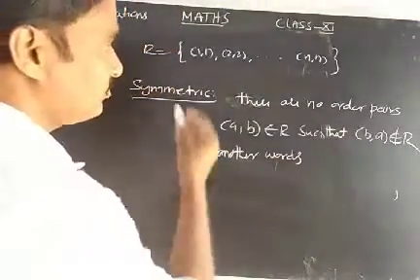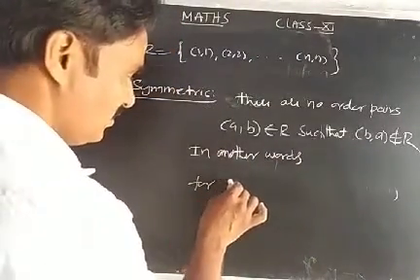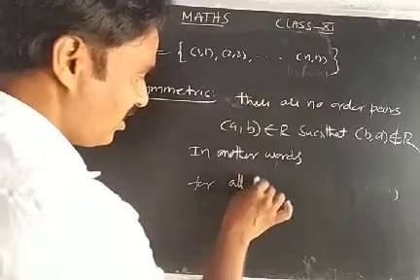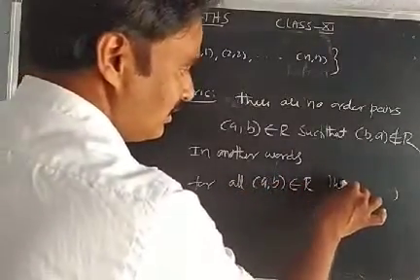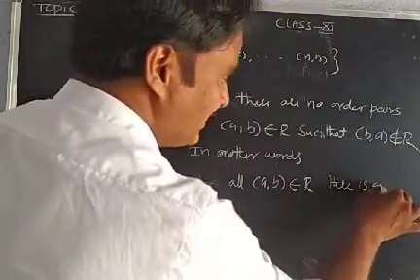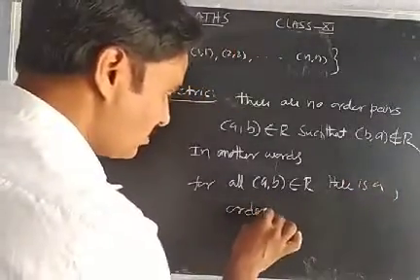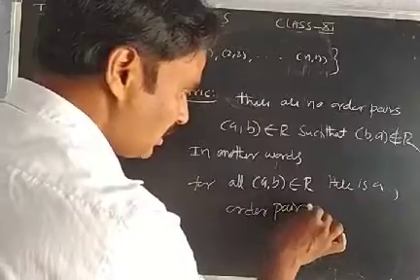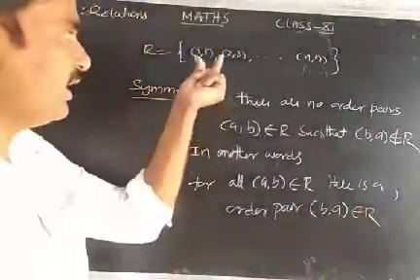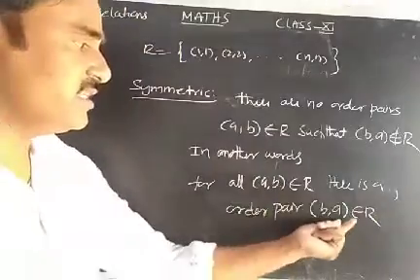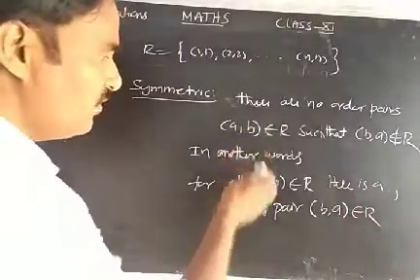Or in other words, how can we say it: for all ordered pairs (a, b) belonging to R, there is an ordered pair (b, a) belonging to R. If you take any ordered pair here and interchange, (b, a) belongs to R. So in two ways you can write.